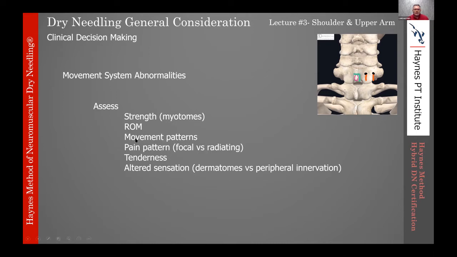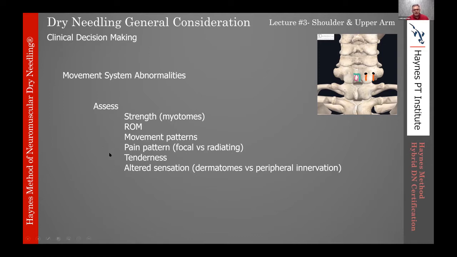Also want to look at any abnormalities in that movement pattern, whether it's with their pain pattern, if it's focal, very specific to one area, or if we've got some radiation. If there's some radiation, we have to determine if that's more of a spinal segmental radiation, or just a tissue radiation. And we want to assess tenderness.